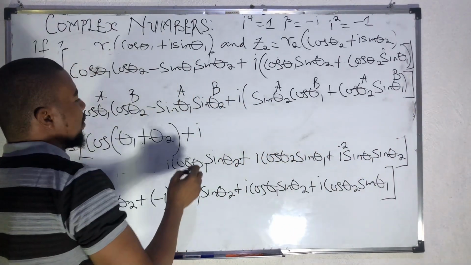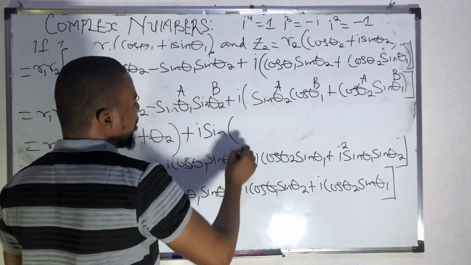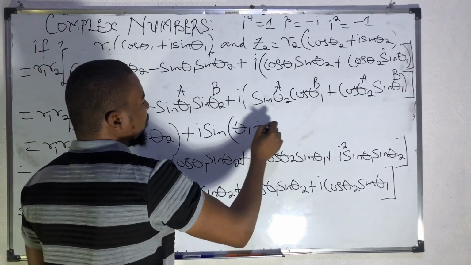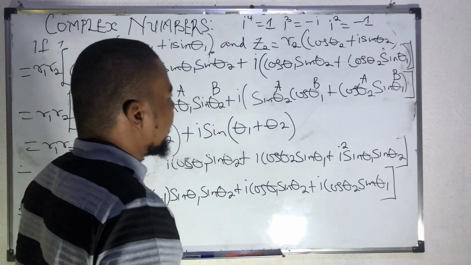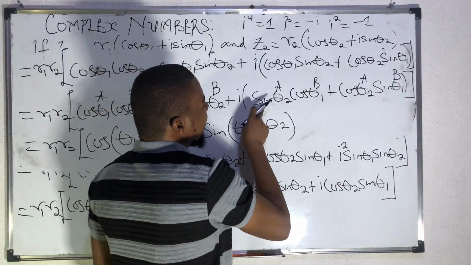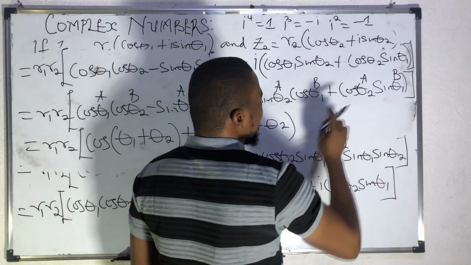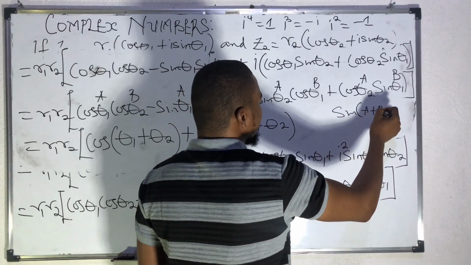So now we shall have sine, open brackets, theta 1 plus theta 2. Remember I said if you have sine A cos B plus cos A sine B, it is equal to sine(A plus B).